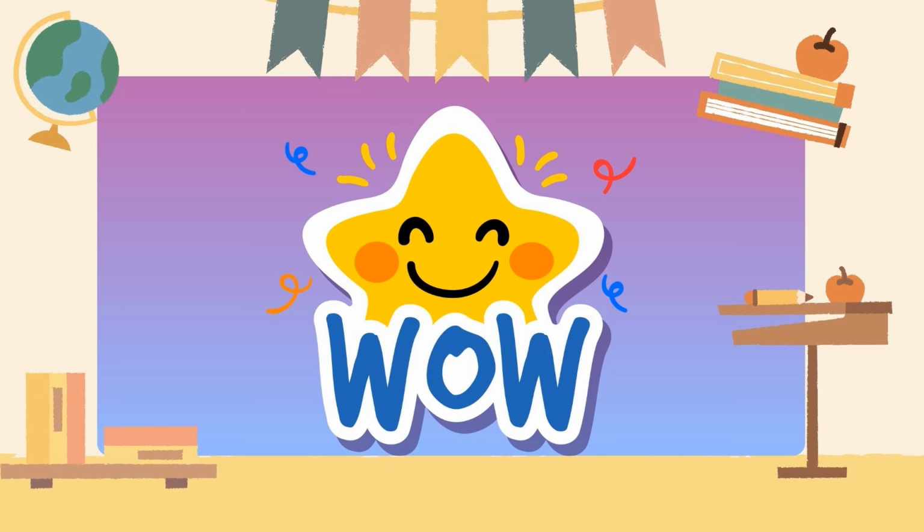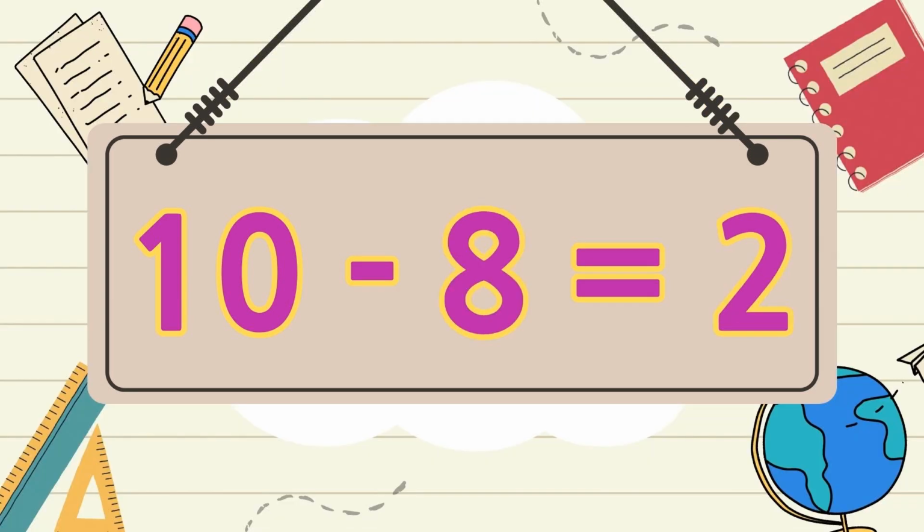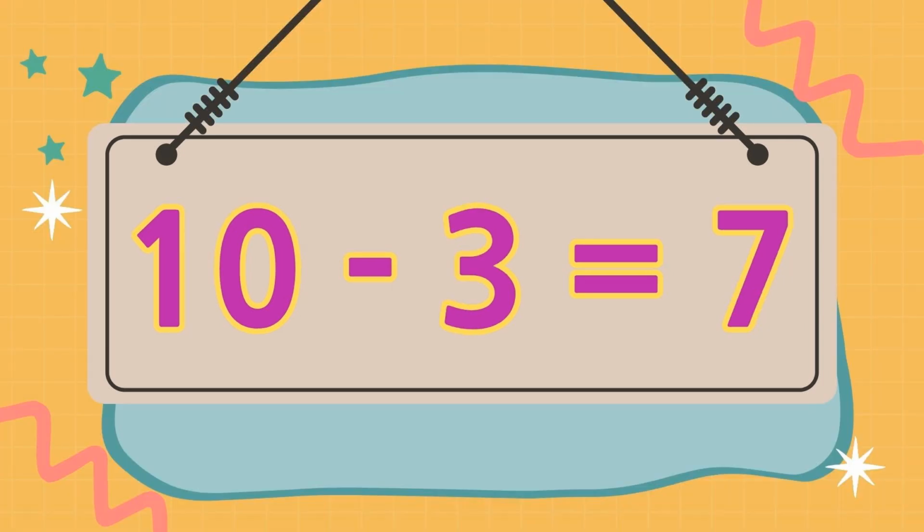Let's start a fun math game. 10 minus 1 is 9. Forsythia blooms so fine. 10 minus 8 is 2. Azaleas shine with morning dew. 10 minus 3 is 7. Cosmos dance in fields.